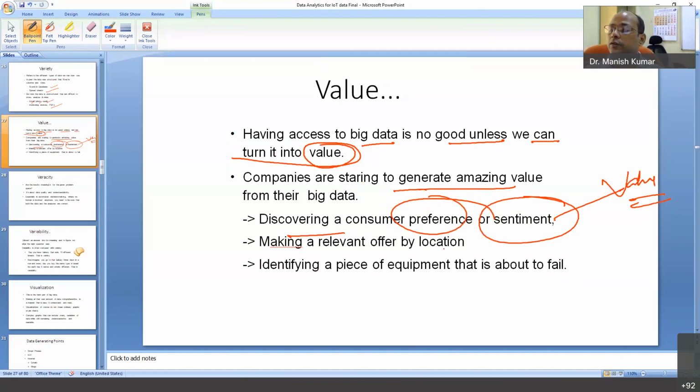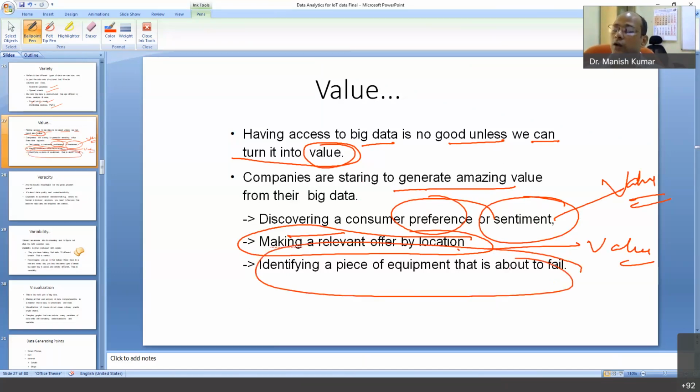If you analyze the data and offer some sort of offers based on location, that is the value of the data. Like in the case of flights, if data can lead to the prediction that some equipment might fail, then you can take action accordingly and you can save life as well as loss. So that is value.